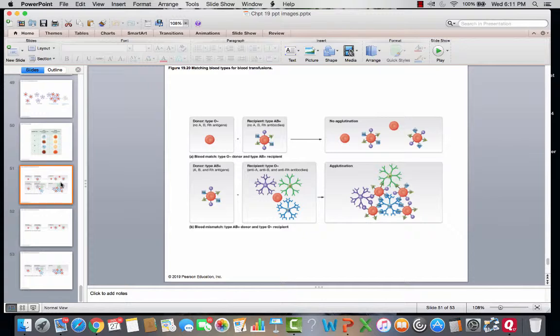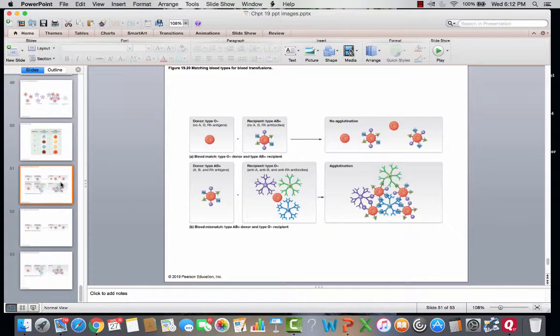When we are trying to match donors, we want to make sure we match the profiles as best as possible. And we don't want to give an Rh negative person Rh positive blood, because they will produce antibodies against the Rh antigen, and it can cause all sorts of problems down the line.